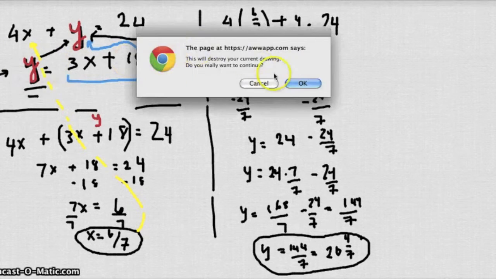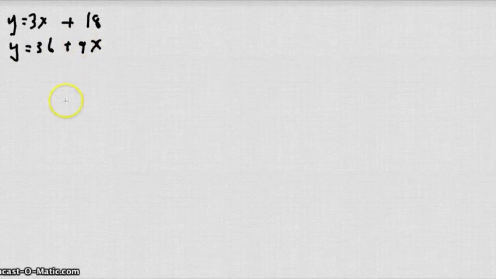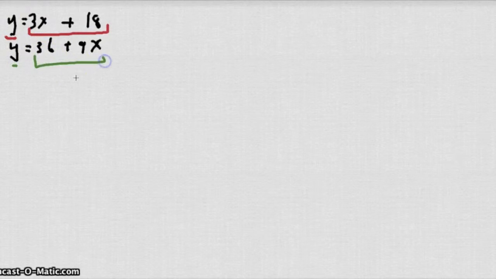Okay, let's take a look at another example. Let's say the first equation is y is equal to 3x plus 18. And then we have another equation, y is equal to 36 plus 9x. Unlike the previous problem, in this case this equation, y is equal to a blob, and this y is equal to another blob.